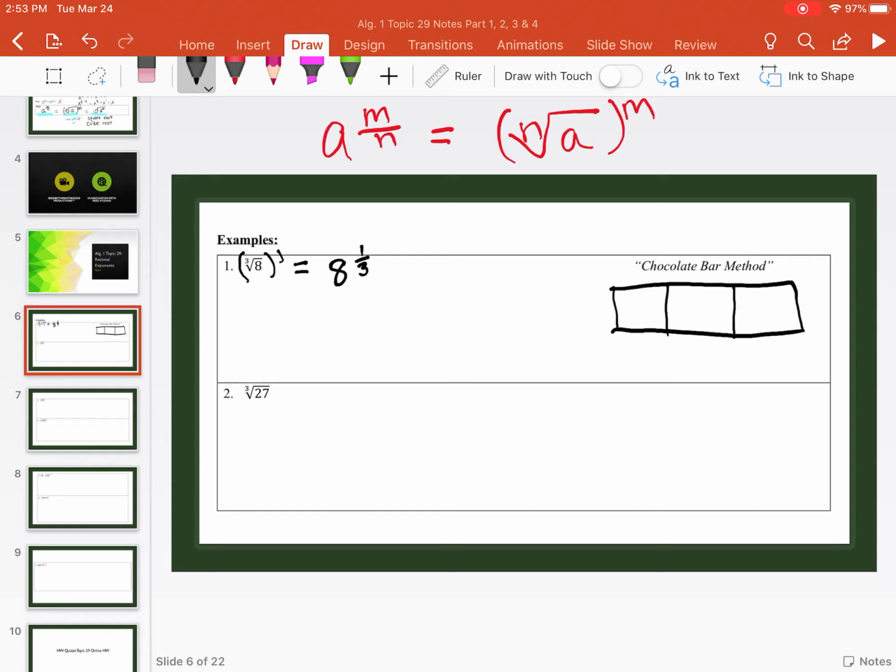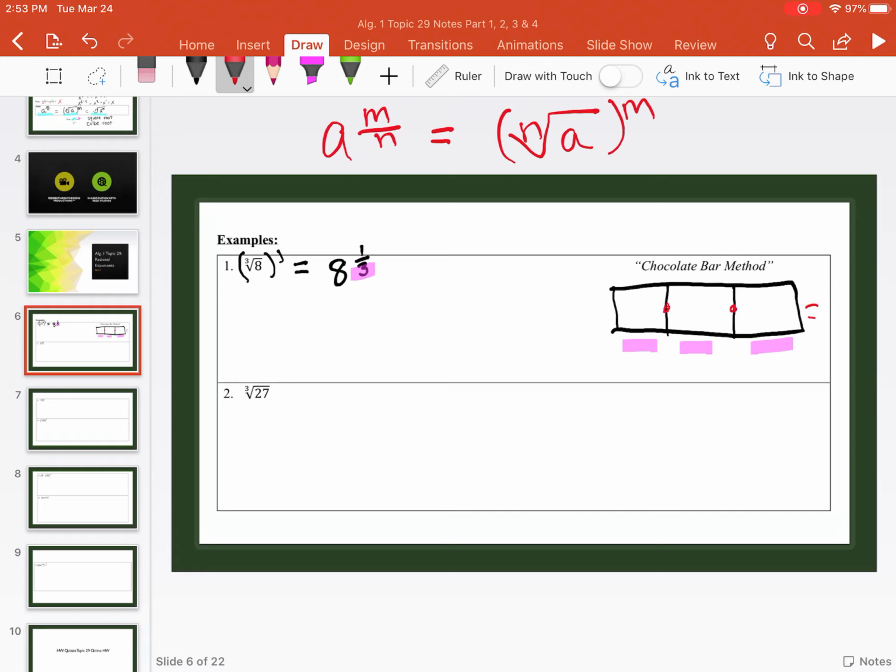So what I like to do here is, if we think about a chocolate bar, they're evenly divided up into sections. So, because I see that my denominator is 3, I'm going to have 3 sections. Now, instead of adding like you would normally do, I'm going to multiply all these sections together.